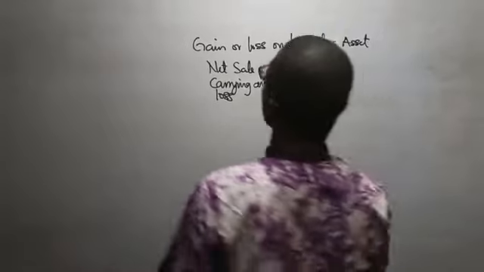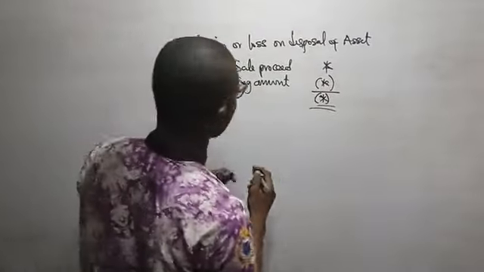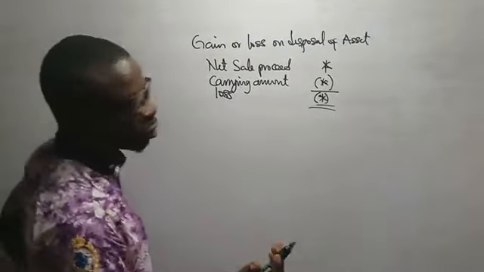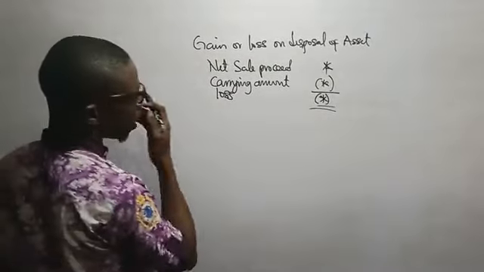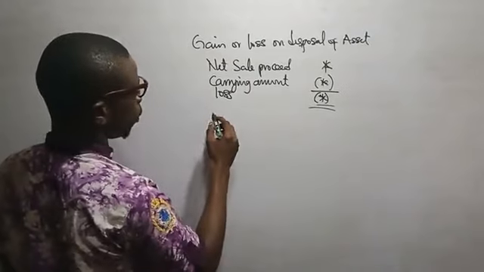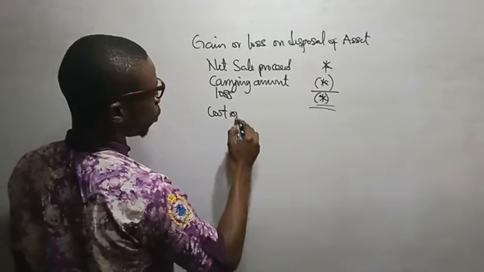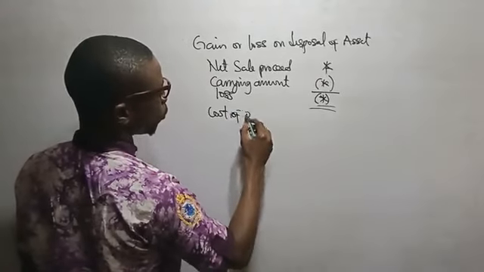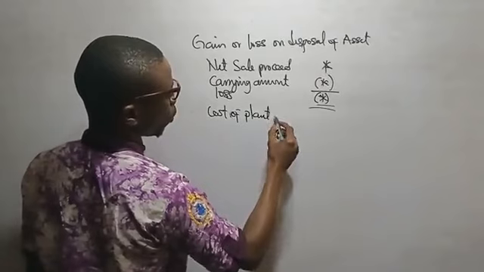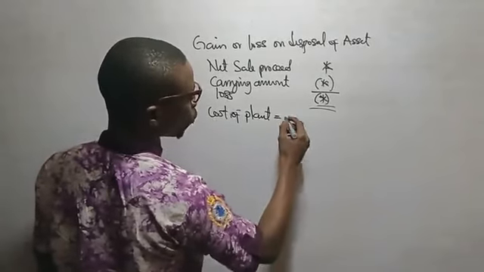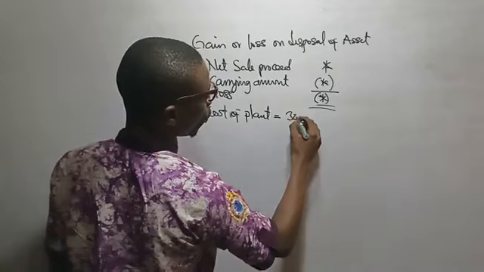So let's continue. If you want to determine the gain or loss, let's say you are given a question that the cost of a plant, which is an asset, is 300,000.